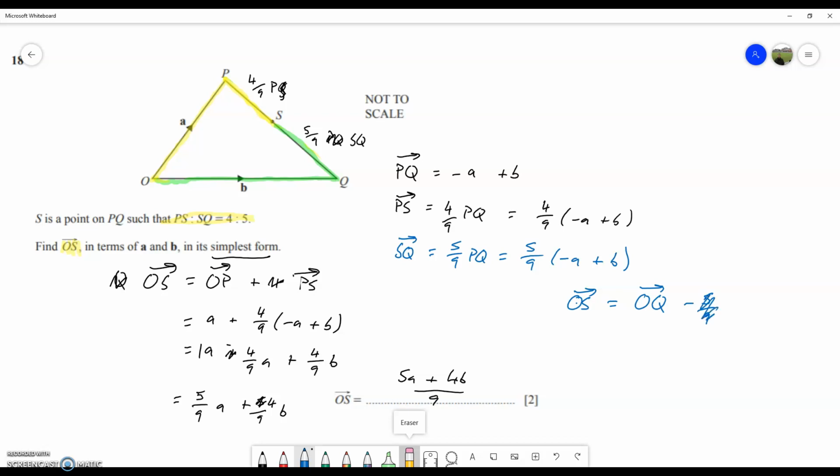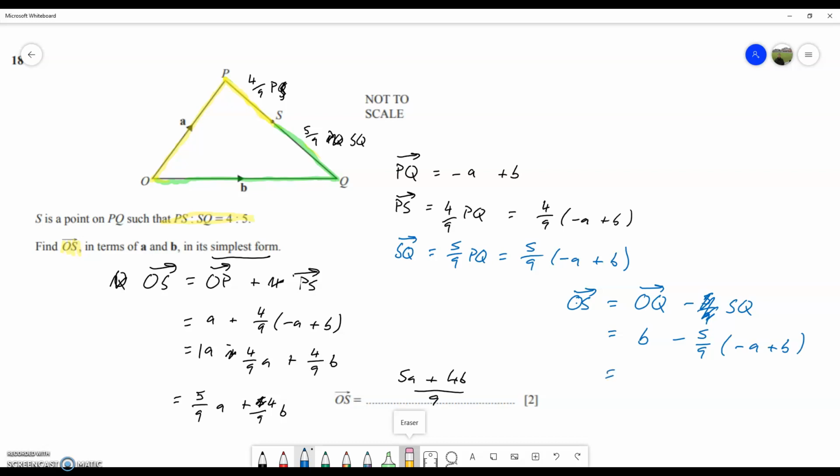So minus S to Q. So then that would be that O to S is B minus 5/9 bracket minus A plus B.